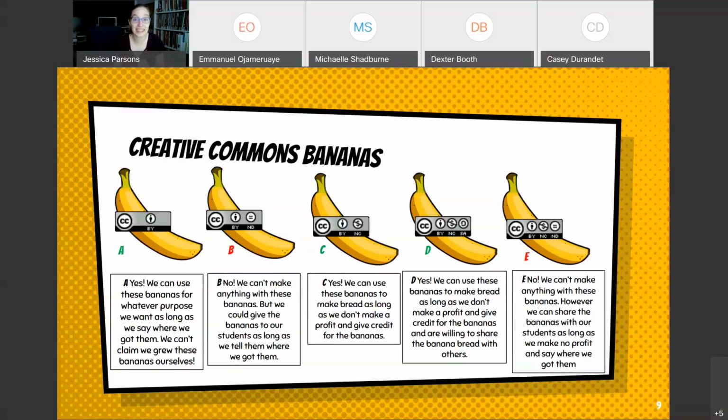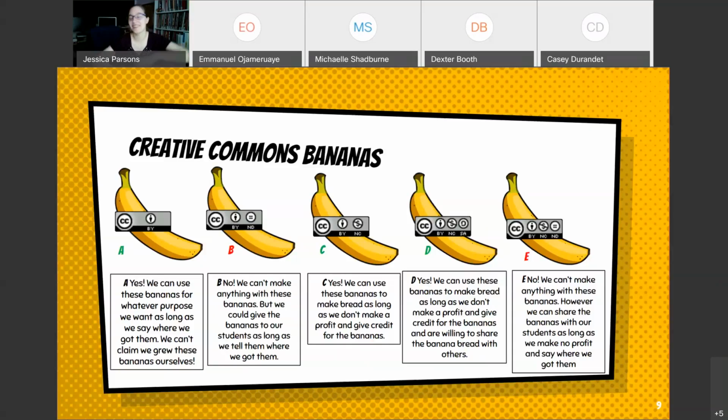We can't sell the banana bread to them. And we have to make sure that we make the recipe or the materials that we created available to others. So this recipe for banana bread can't be a secret. We have to make sure that it's able to be shared with others.